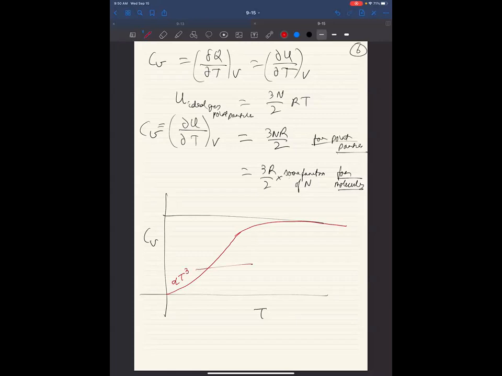And the only person to explain this was a very, very famous scientist with lots and lots of hair, Einstein. It took Einstein to explain this in 1905. He was able to mix quantum mechanics with this concept of statistical mechanics, and then he was able to show why heat capacity goes to zero.